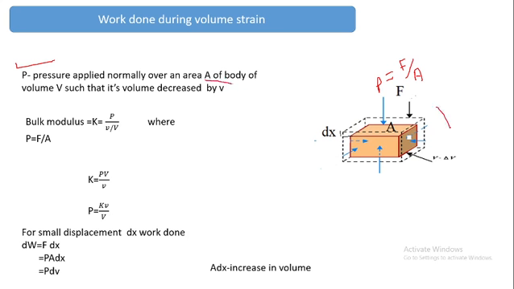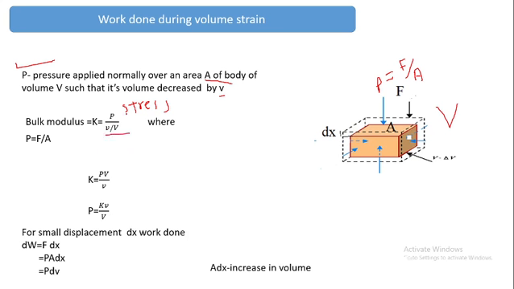The original volume of this cube is V. Due to this applied pressure, the volume is decreased by v, a small volume. According to the bulk modulus definition, bulk modulus K is equal to P divided by v divided by V. Here P is the stress, called the volume stress, divided by the volume strain, which is the change in volume to the original volume.